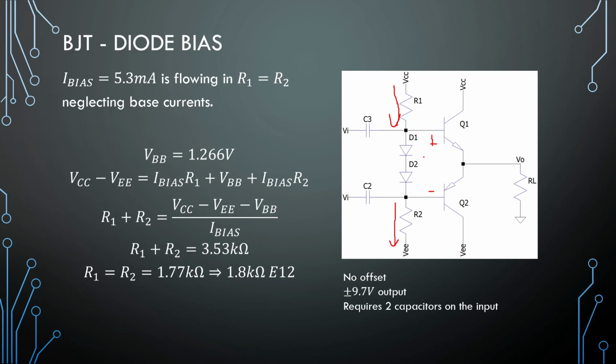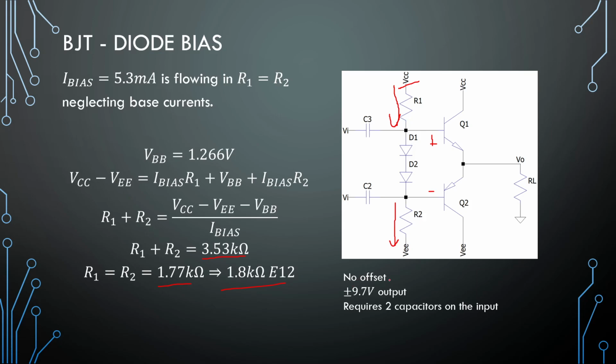So we can just apply Kirchhoff and say that VCC is I reference or I bias times R1 plus VBB plus I reference or I bias times R2. So nice Kirchhoff's law. Calculate the two resistors combination, 3.53 kilo ohms. If we assume they are the same, 1.66 kilo ohms, 1.8 is the closest E12, and that is the design for our resistors.